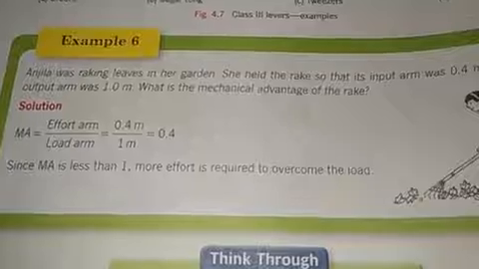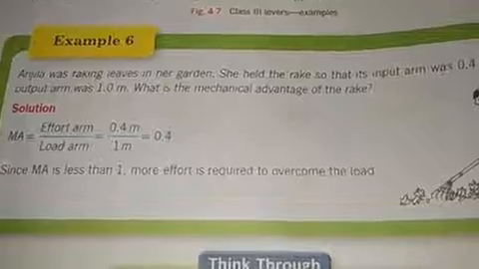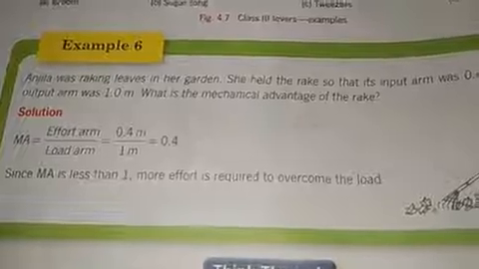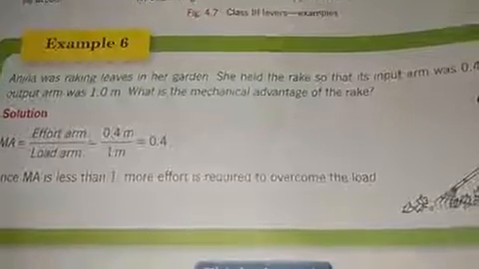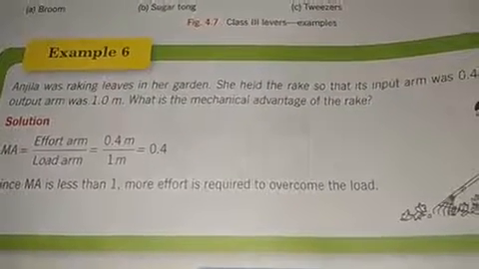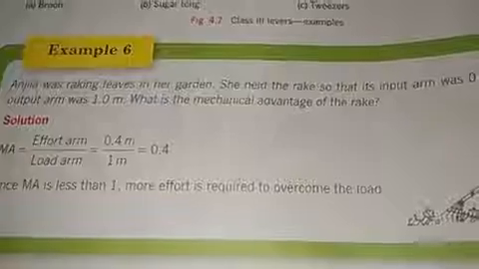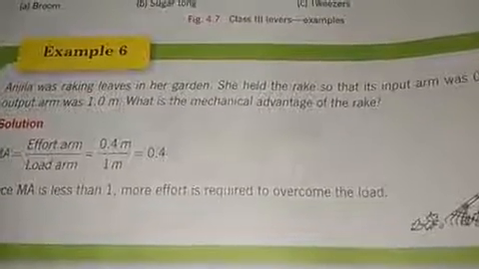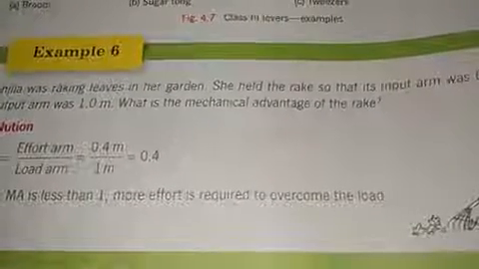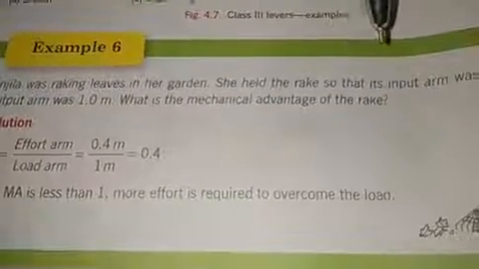We are trying to lift something, that is output, result. So we can consider output arm as load arm. Input arm means we are applying force or taking effort to do that work. So that we can call input arm. Suppose in the question they say input and output arm, you should understand what is input and what is output arm. Okay, what is the mechanical advantage of the rake?